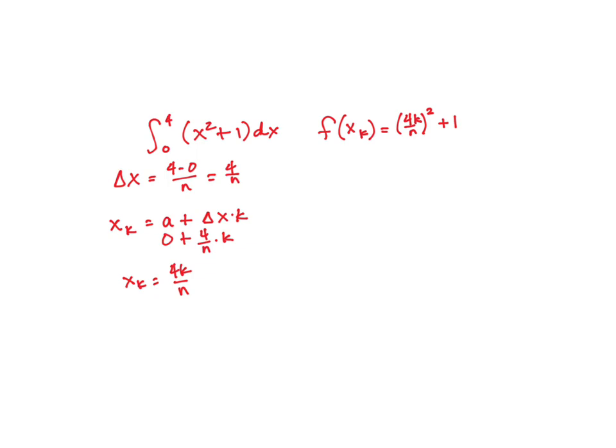Now when we write our limit, this is going to be the limit as n approaches infinity, from the first rectangle to the nth rectangle, that's this notation, of, and it's always f of x sub k times delta x. So 4k over n squared plus 1 times delta x, which is 4 over n.